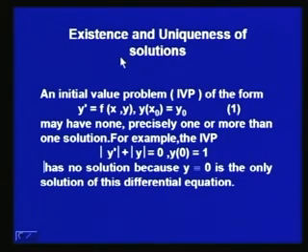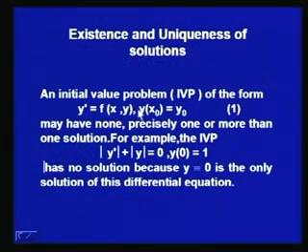Next, we discuss existence and uniqueness of solutions. For the differential equations that we have considered, each one had a general solution. An initial value problem consists of a differential equation dy by dx equal to f(x, y) and a condition y(x naught) equal to y naught, which the solution has to satisfy.